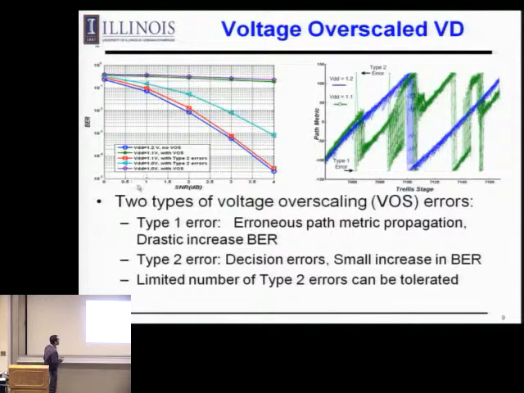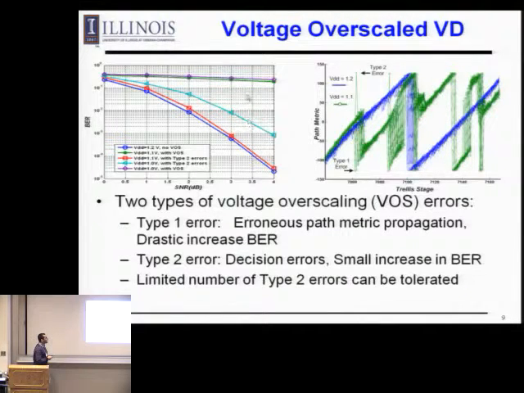If you take a Viterbi decoder and try to decrease its voltage, when it is error-free you have a low bit error rate. But as you decrease, for example, from 1.2 to 1.1 volts, you have a large increase in bit error rate. There are two sources of errors in a Viterbi decoder: either an error in the adder or an error in the comparator.